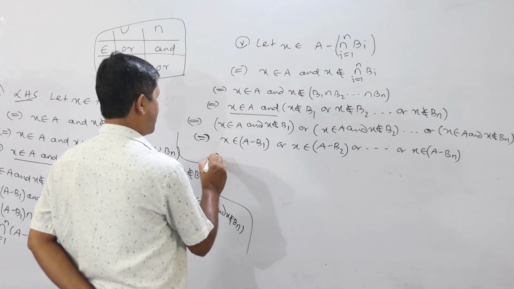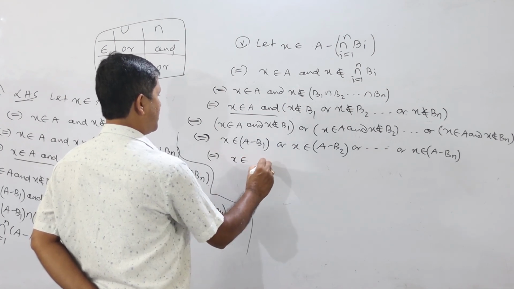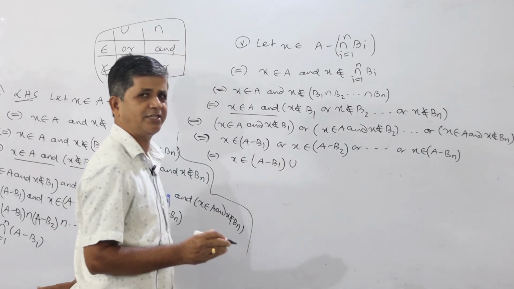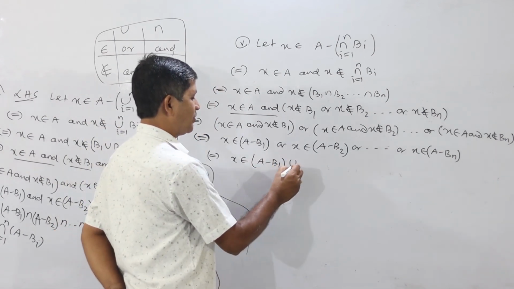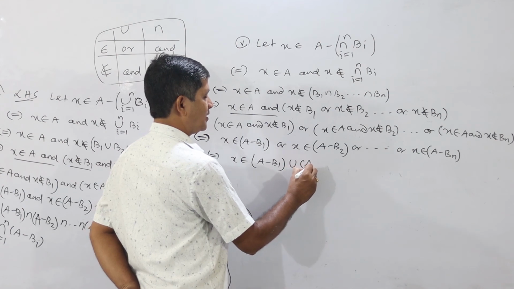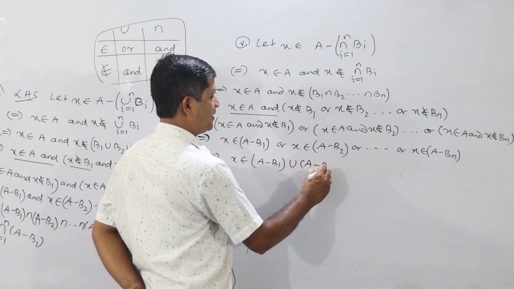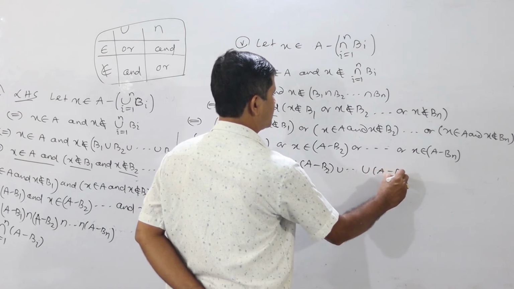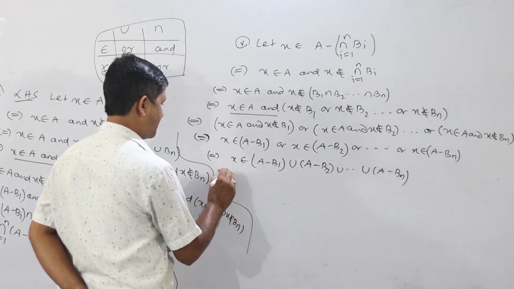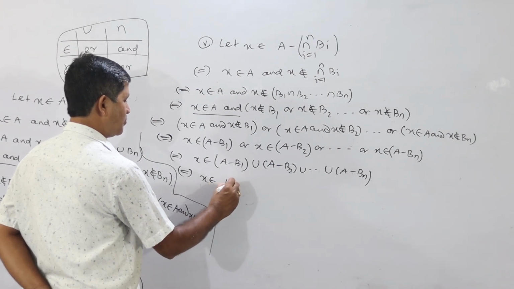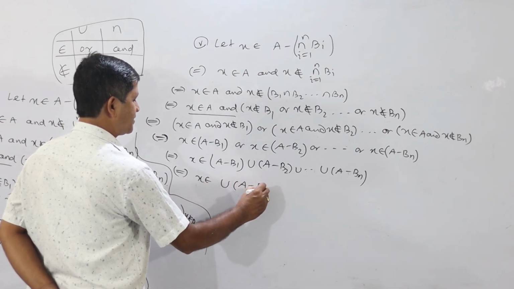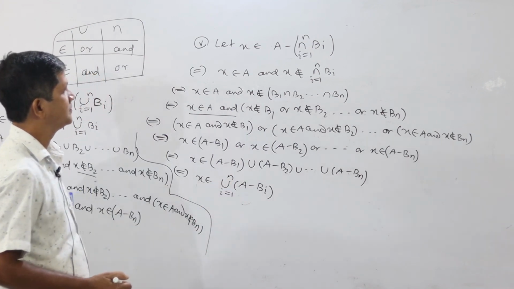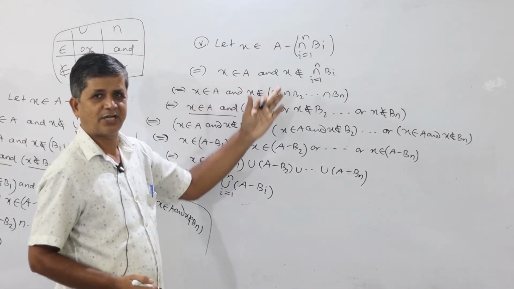This implies and is implied by x belongs to A difference B1 union A difference B2 union ... union A difference Bn, since 'or' means union, right? This implies and is implied by x belongs to union of A difference Bi, i varies from 1 to n.